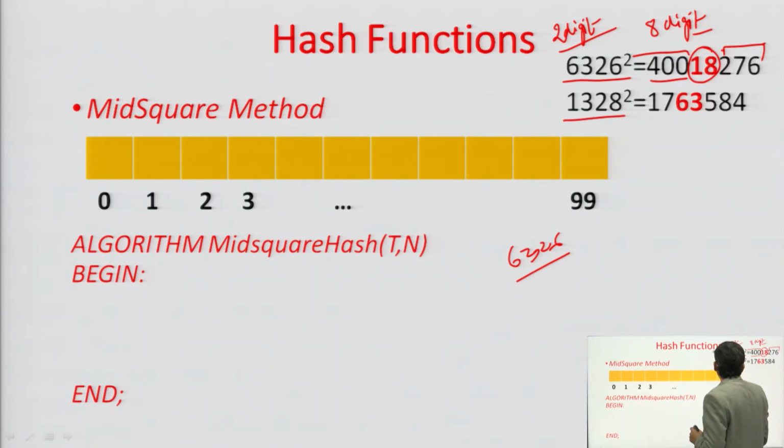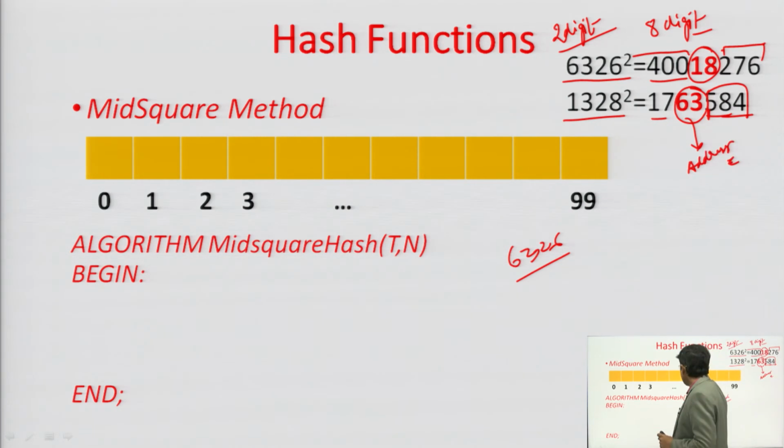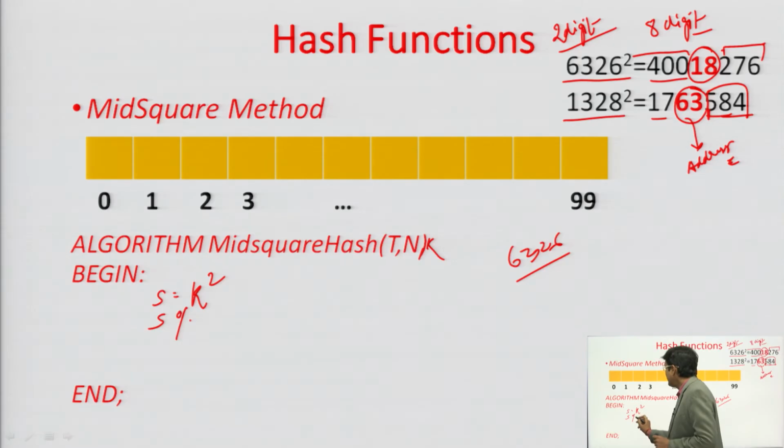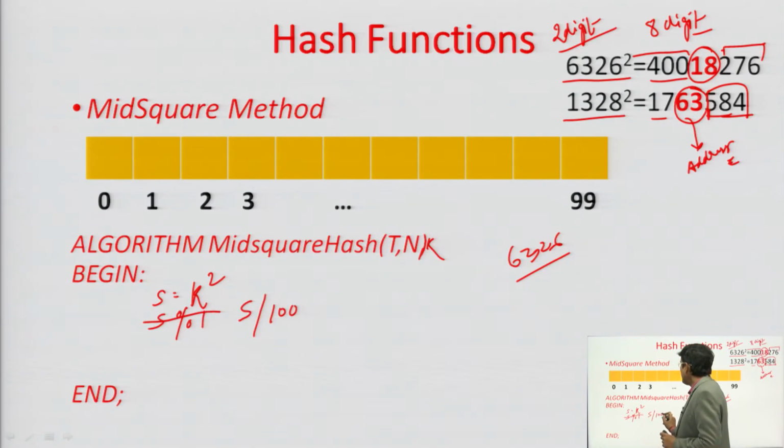Similarly, if you have 1328, you are getting a 7-digit number. In this number you discard 3 digits from the right. After this, the 2-digit number will be the address. So what you are targeting is this: let's take the square of the key, denote it as S. Then you divide this number by 1000.